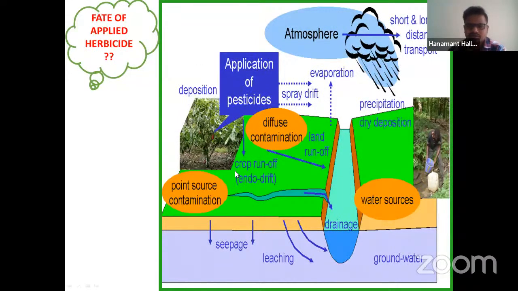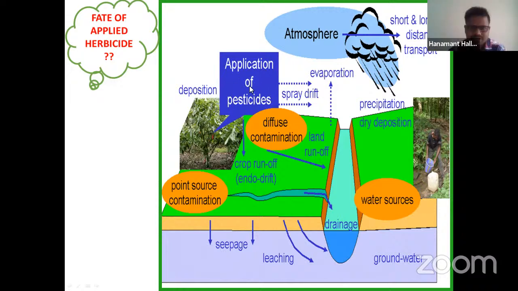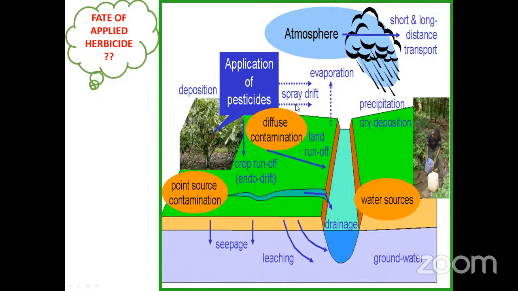so there are a number of processes through which the herbicides go. Here if you apply pesticides or any herbicides, first that goes to crop runoff or end root. Then in case of excess water application or in rainfall, that goes as a seepage loss or leaching. Then that also goes as a spray drift.